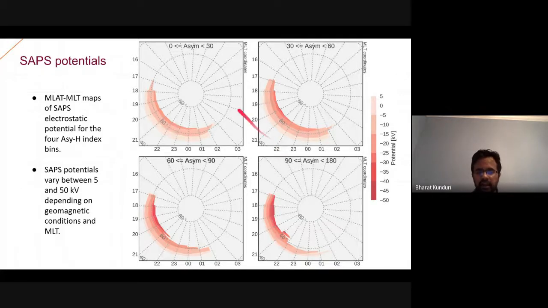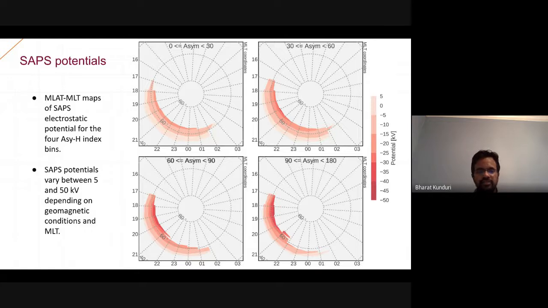This is again showing 4 different DST bins, and this is an MLAT MLT map. Midnight is towards the bottom of the plot and noon is towards the top of the plot. So we find that the SAPS potentials show a significant variability, but they're strongly dependent on geomagnetic activity.